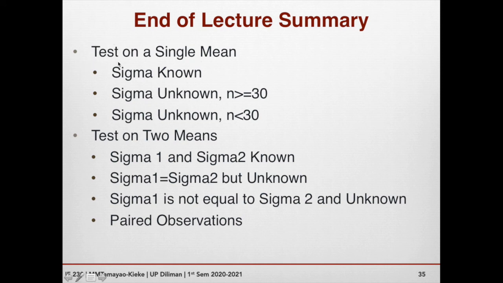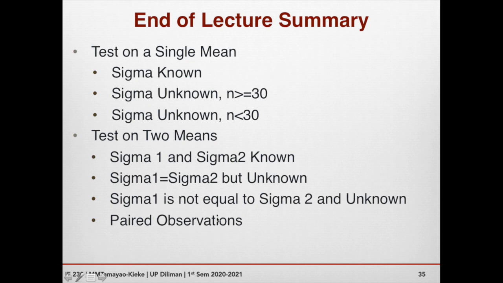We looked at the test on single means, where we could have a known sigma or an unknown sigma, and under this case, you can either have n greater than or equal to 30 or less than 30. And then you have tests on two means. You can have a known sigma, or you can have unknown sigma, but you can assume that sigma 1 is equal to sigma 2, or sigma 1 is not equal to sigma 2.